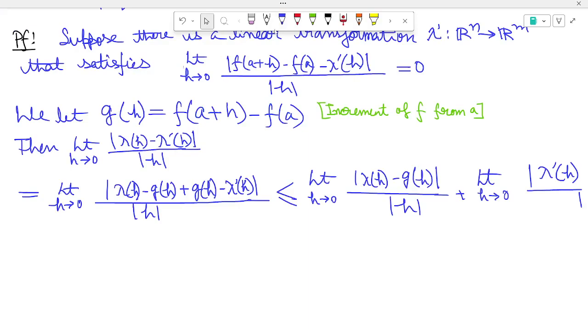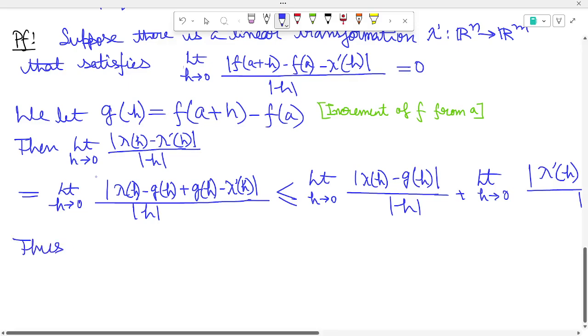I can say that, but this is not established yet, because what I am getting here is that this thing is less than 0, which is not possible. It is not a negative quantity because there is a norm, and the norm is always positive.